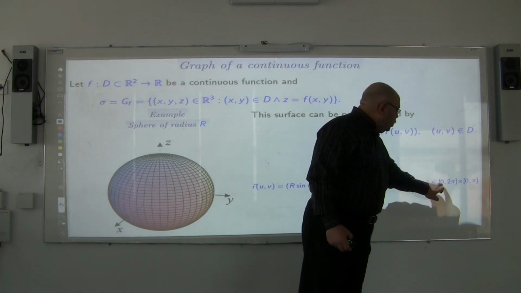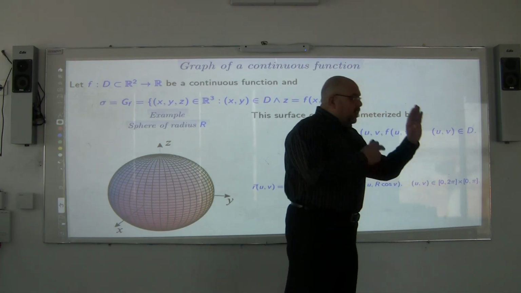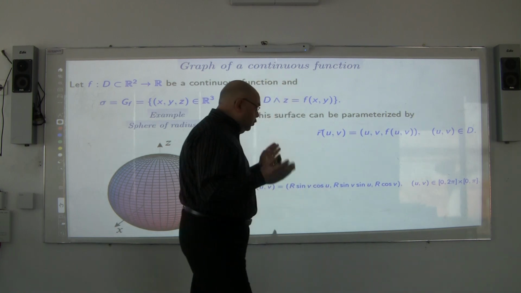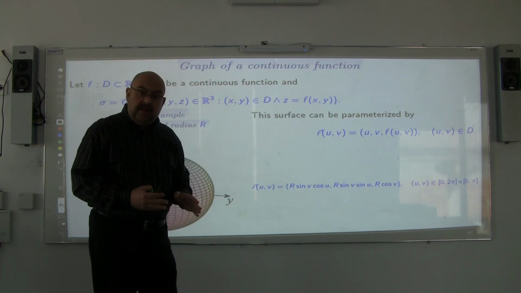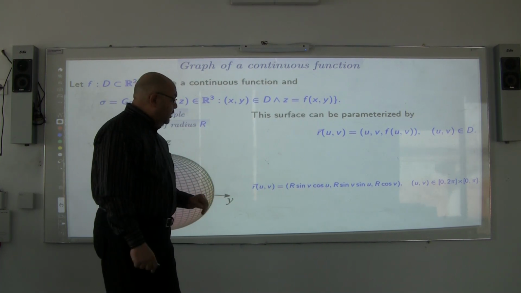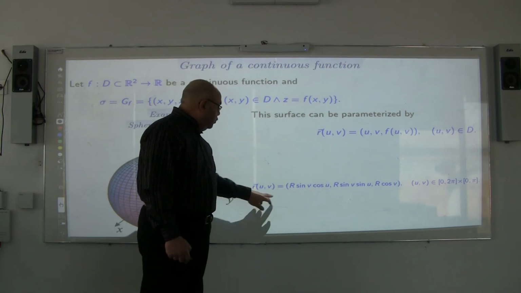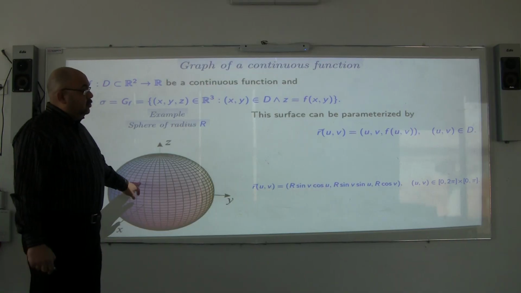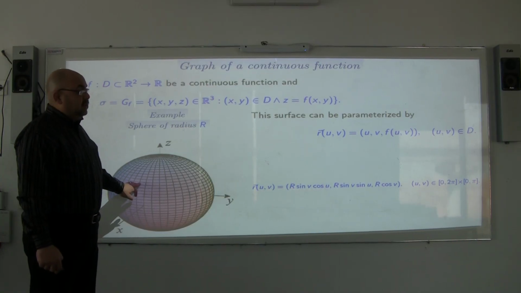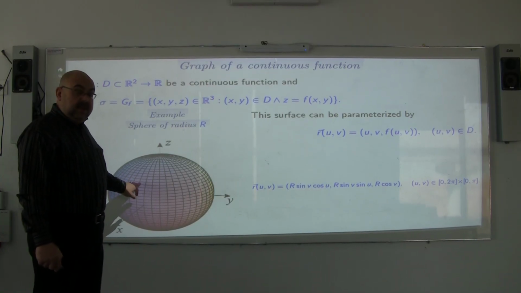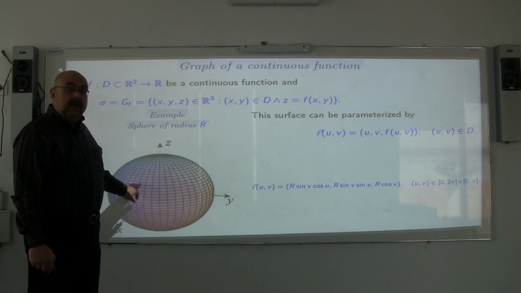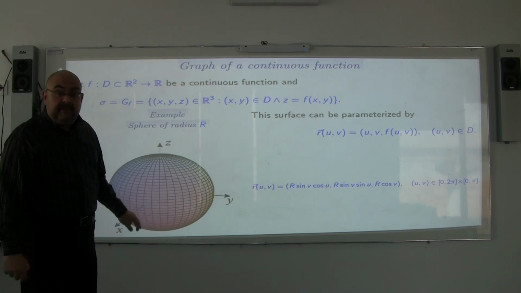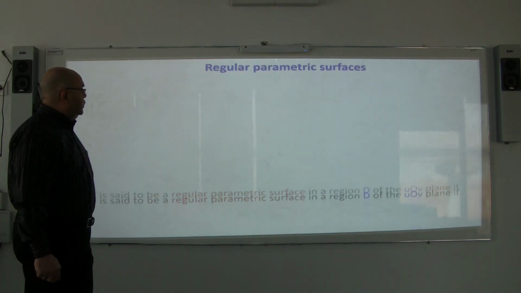Here u is from 0 to 2 pi, and v, as I told you, from 0 to pi. So you will be covering the 3 dimensions, considering capital R as a constant. That's an example of a surface in 3D that can be parameterized by u and v, considering R is a constant.